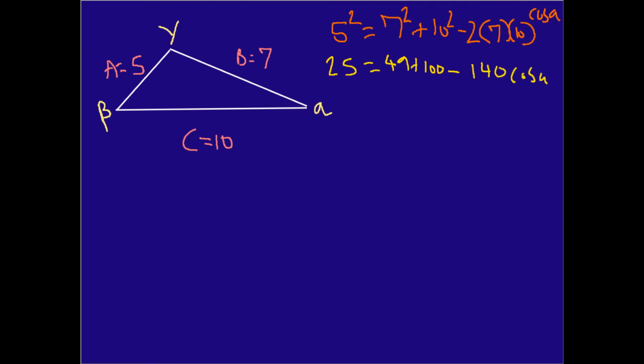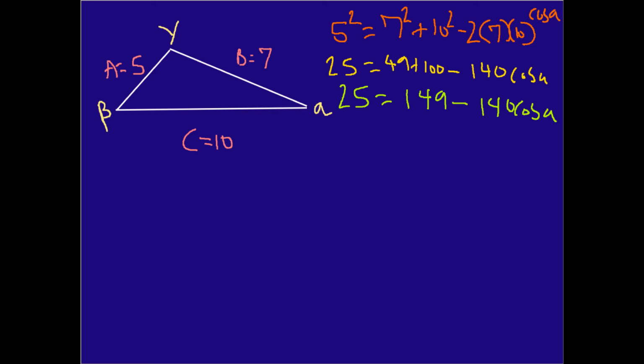You can probably see here that basic ideas apply. We're just going to use some basic solving for cosine alpha here, not that deep. So we need to simplify this. We still got 25, that hasn't changed, equals 149 minus 140 cosine alpha.